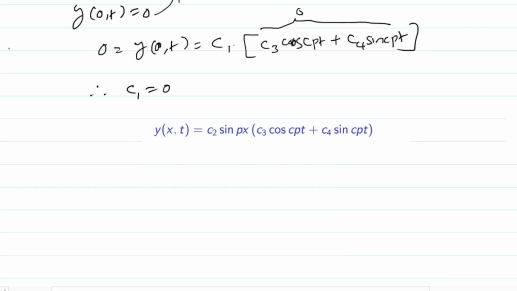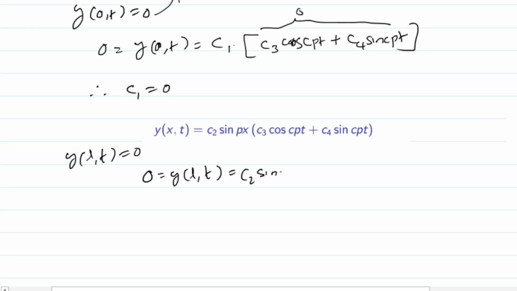Now we put the other boundary condition, y of L,t equal to 0. So 0 equal to y of L,t, which is c2 sin pL into c3 cos cpt plus c4 sin cpt.